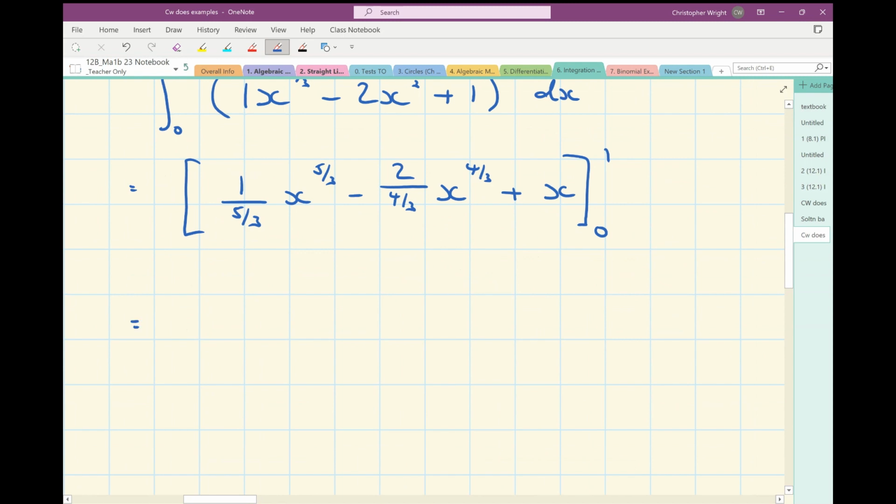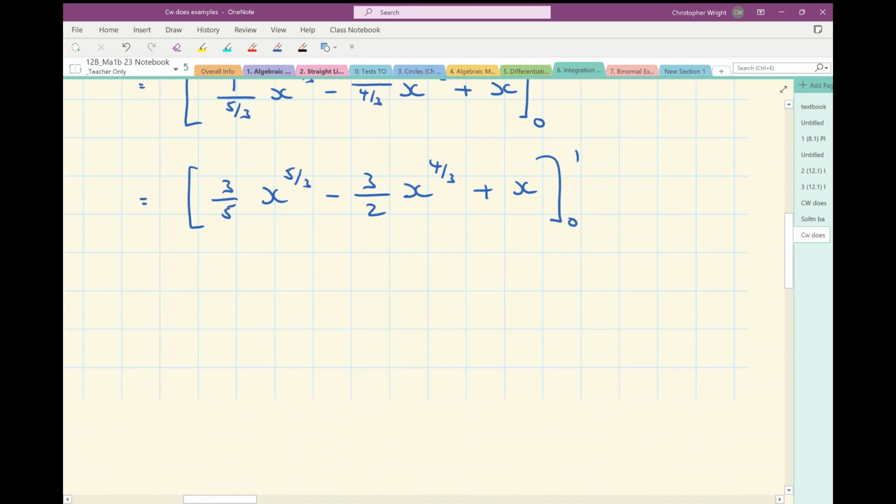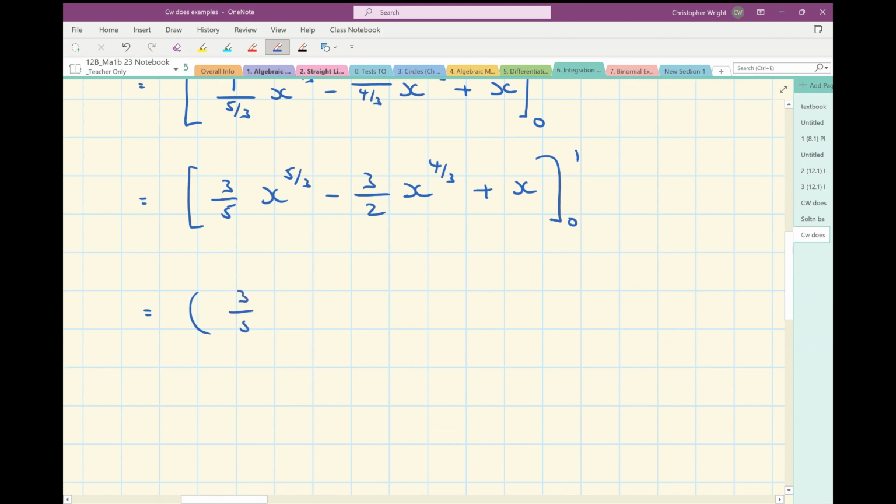The reciprocal of 5/3 is 3/5, so I've got 3/5 x to the power of 5 over 3. Minus, right, 2 divided by 4/3 is 3 over 2, x to the power of 4/3, plus x. And I think now I'm ready to evaluate this between the values of 0 and 1. So first of all, I'm going to substitute x equals 1 in here. Of course, substituting x equals 1 is always pretty straightforward.